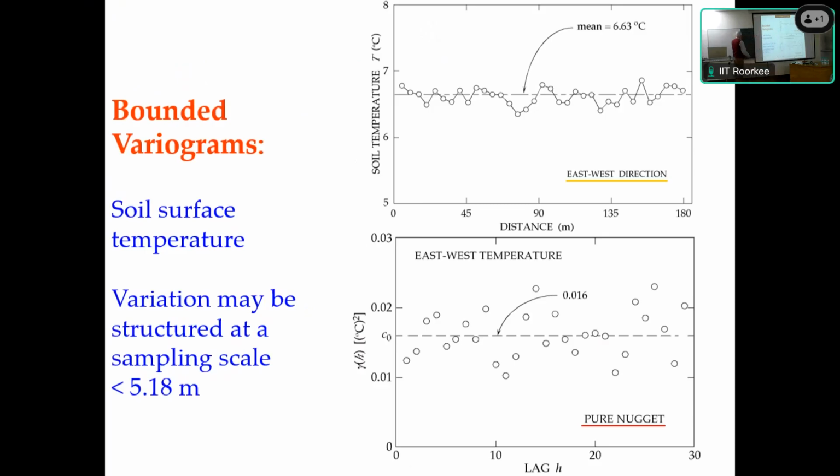The autocorrelation function for that field for this data set was about this. So what information does this semi-variogram, the pure nugget effect, give us? In what respect is this different from the autocorrelation function?